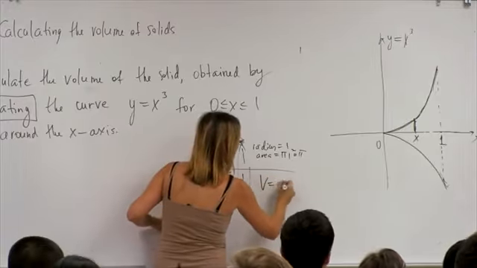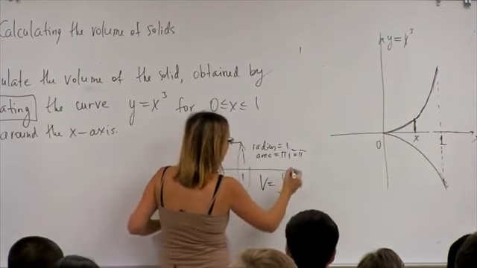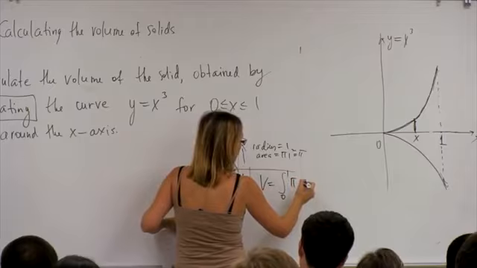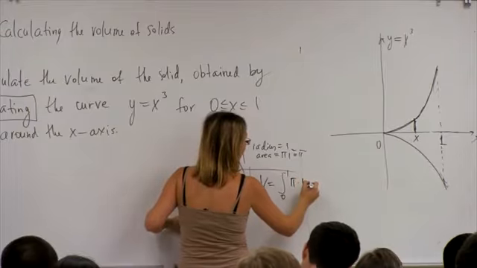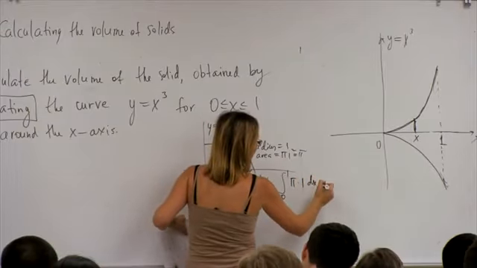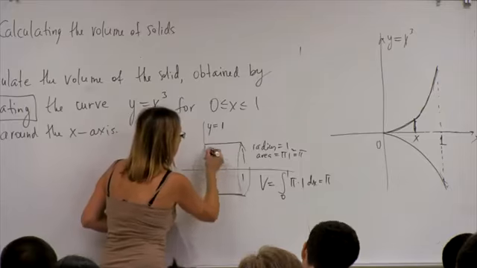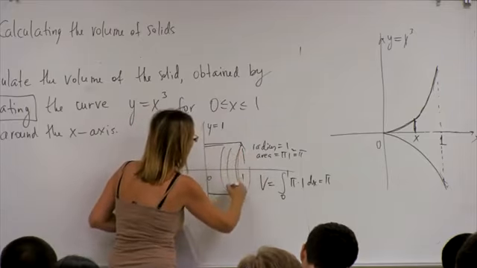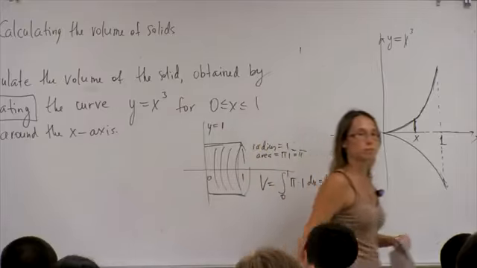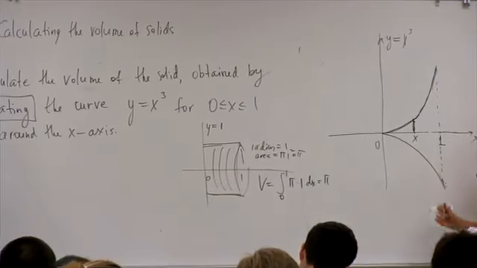So the volume would be the integral from 0 to 1 of pi times 1 dx. So that's pi. In this particular case, you can see that the radius is the same for each slice, but not here. Most of the time, it's not a constant.